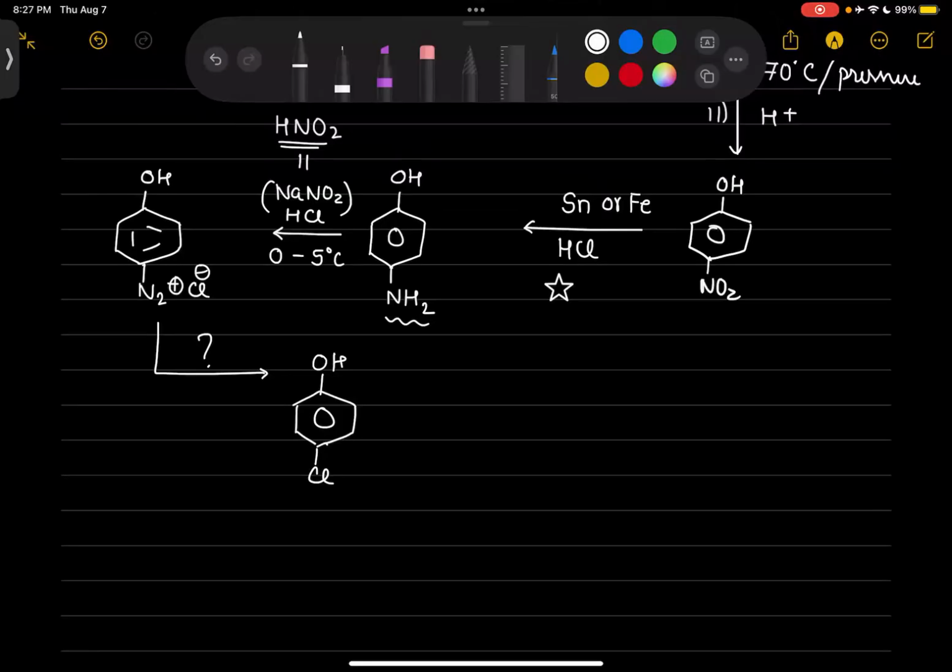In the previous chapter, we have seen either the Gattermann method or the Sandmeyer. If you want to convert it into halogen, Gattermann uses copper powder and HCl, while Sandmeyer uses CuCl and HCl.